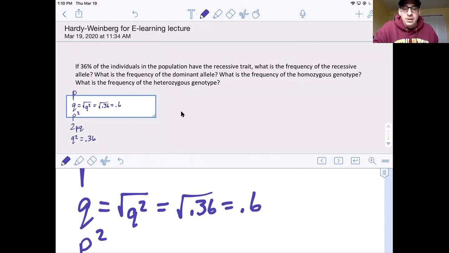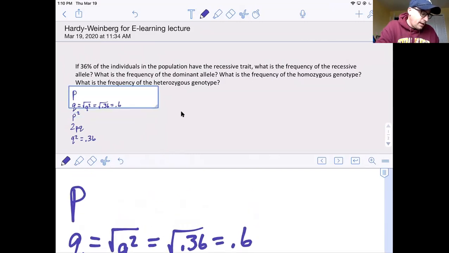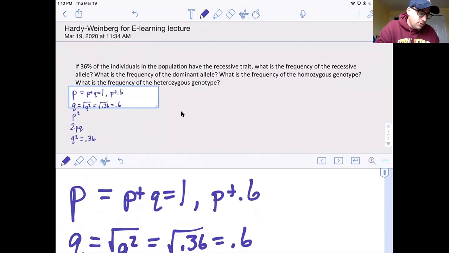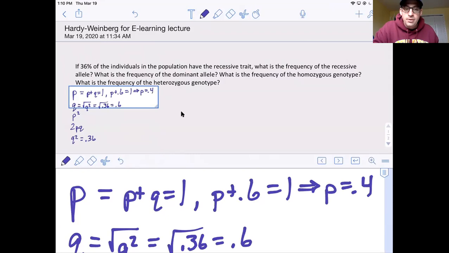Now if I have q, what other value can I figure out? I can figure out p, because I know that p plus q is equal to 1. Since I have a value for q as 0.6, p plus 0.6 is going to be equal to 1, and therefore I know that p is equal to 0.4, because 1 minus 0.6 is 0.4.